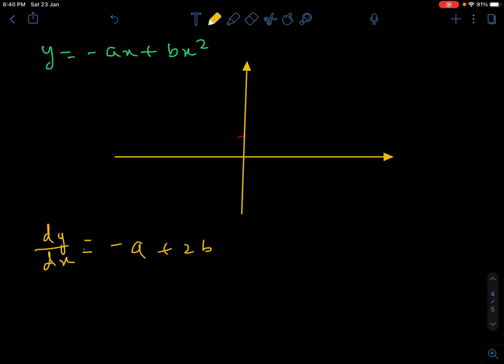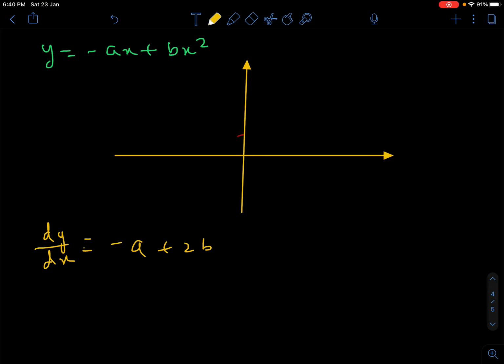Now we are pros of integration and differentiation, for physics, not for mathematics now. Let me find the points for the graph. Put y is equal to 0, so x times minus a plus bx is 0, so x is equal to a by b.